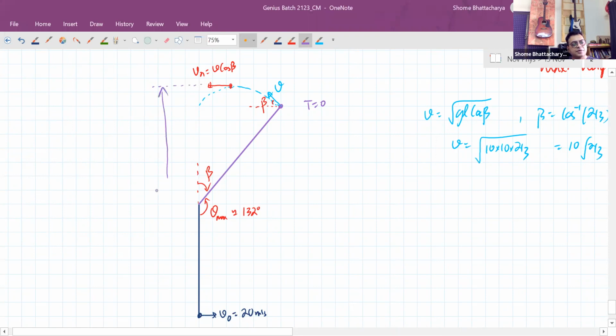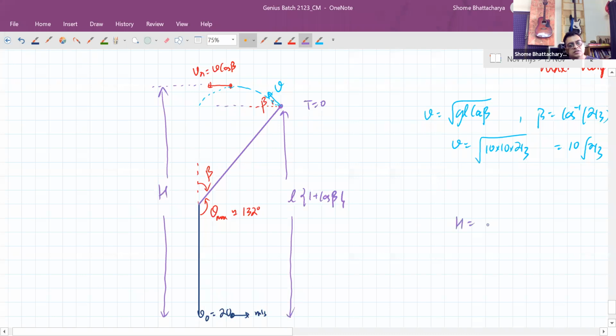So I'll call this capital H. There are many different ways in which we can calculate this capital H. For example, you can also calculate it in terms of this. Okay. So we can write H as L(1 + cos beta).